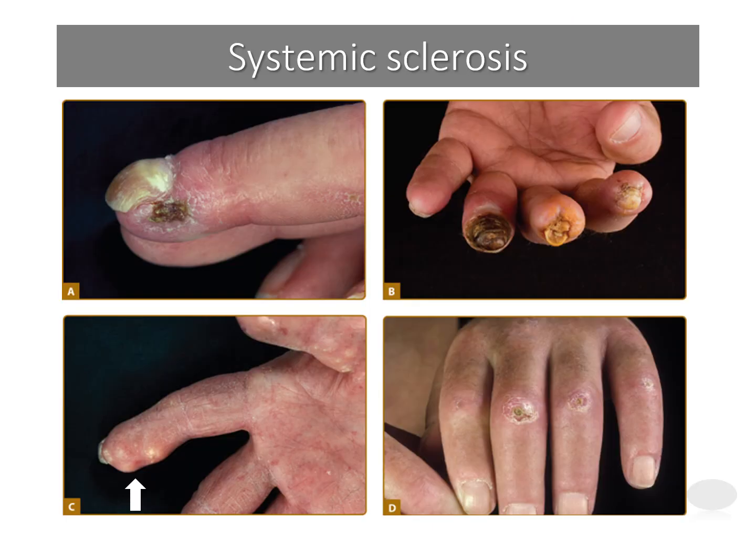Again, the necrosis causing ulcerations, and then you can have loss of the fingertips secondary to the necrosis. You can also see some calcification in the finger, those nodules that occur.